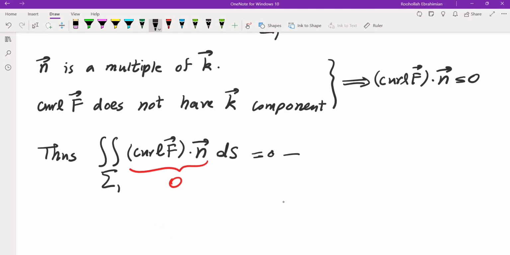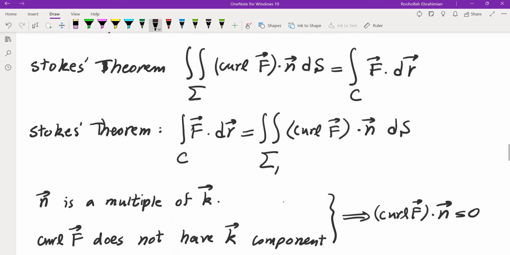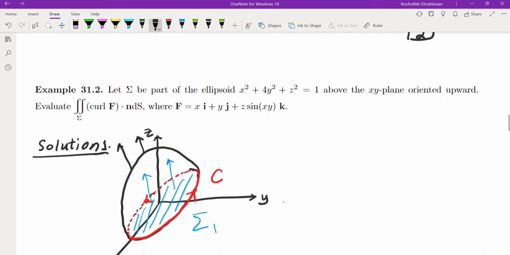And once this is 0, that means the surface integral of the curl over the original surface is also 0. So the answer is in fact 0. So that's one way of doing that.